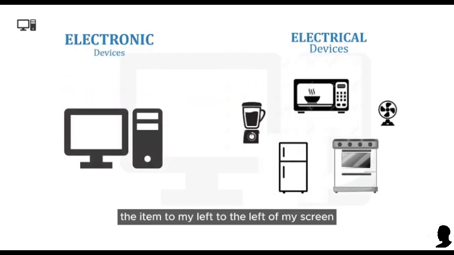the item to the left of my screen is an electronic device that we all know, which is the computer we're talking about in the concept of this video, while the ones to my right are other examples of electrical devices that may not necessarily possess an NIC, which is a network interface card. These are just gadgets around the home or in some other places that work with just an on and off switch, like the fan, the burner, the refrigerator, the electric blender, the microwave.